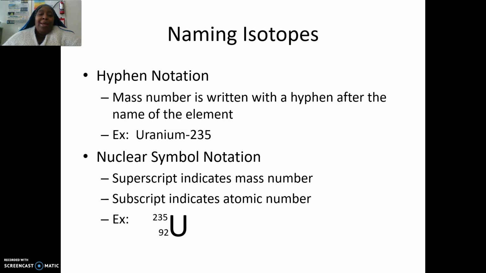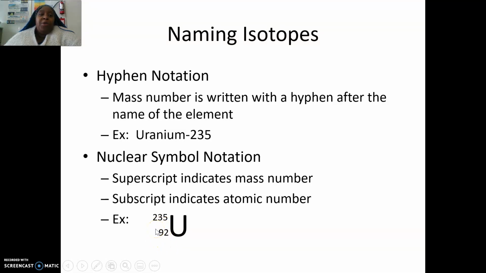So if we were looking at the same element, uranium-235, we have the symbol of uranium, and then here is the mass number, which is the superscript, so that's 235. And then here's the subscript on the bottom, which is 92, and this indicates the atomic number, or the number of protons. Okay?